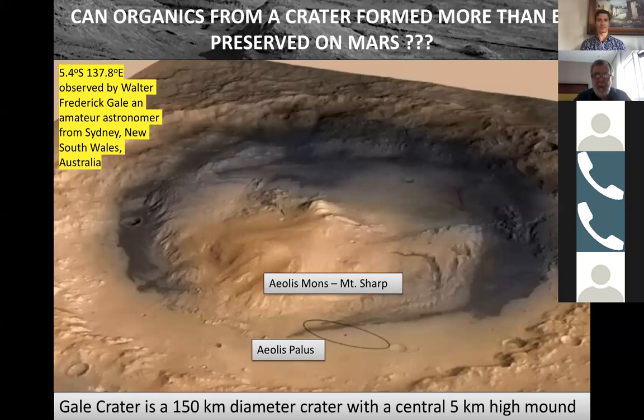But since there were really interesting signatures from space, from spectroscopy of hydrated minerals and so on, on the walls of this central mound called Mount Sharp, we decided to go there with Curiosity. And the ellipsoidal circle you see down on the bottom is because we wanted a safe place to land on the plains, not on the slopes of the mountains. And so that was the landing ellipse.